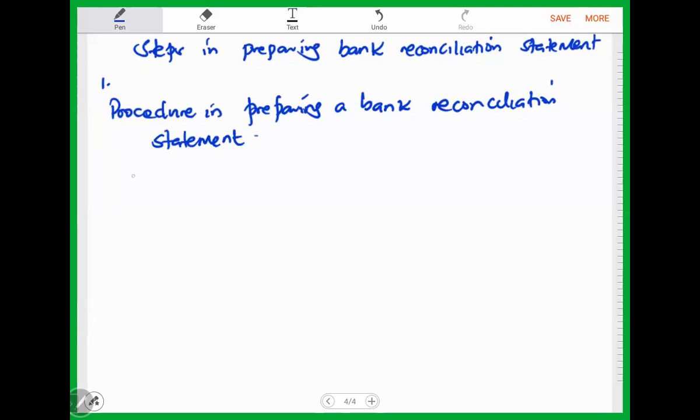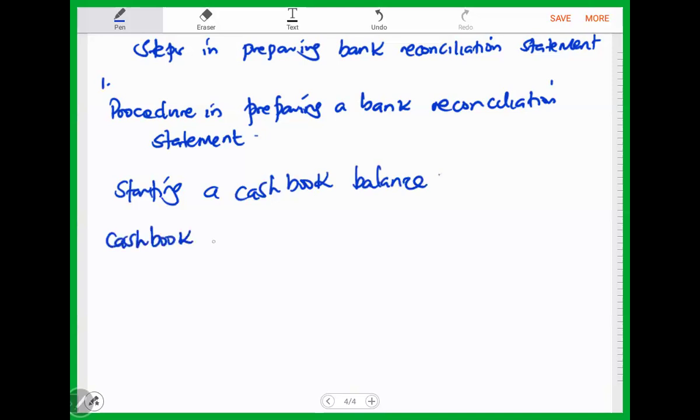Starting with the cash book balance. So cash book balance here. Assuming we have shillings 1,000, then we shall have adjustments for cash book errors.